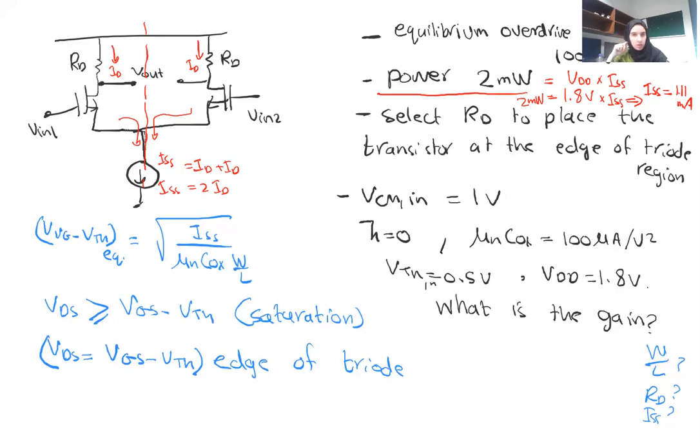Now you can see that in this relation, we are given the equilibrium overdrive voltage, 100 millivolt. We know ISS, we know mu_n Cox, so we can find the W over L ratio. Is that clear?